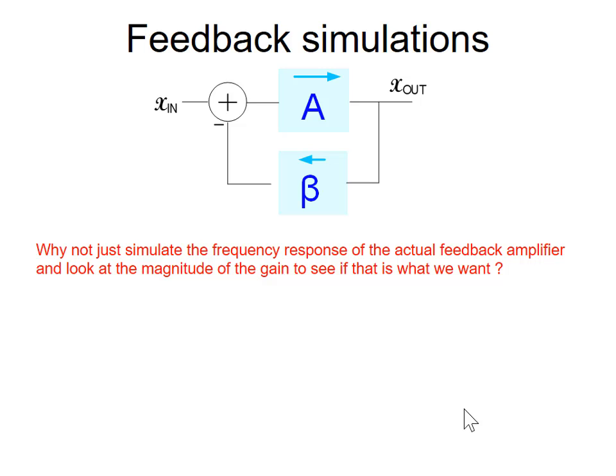Is it because our beta is not constant? Put the beta you want in. If you want a beta of one third, put beta equal to 1/3 in. Use the actual resistors you're going to use in your beta network. Can't get any better than that, right?